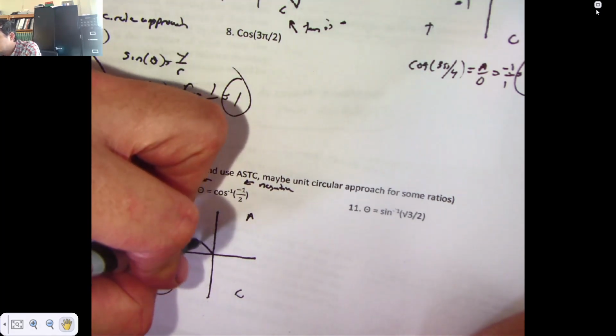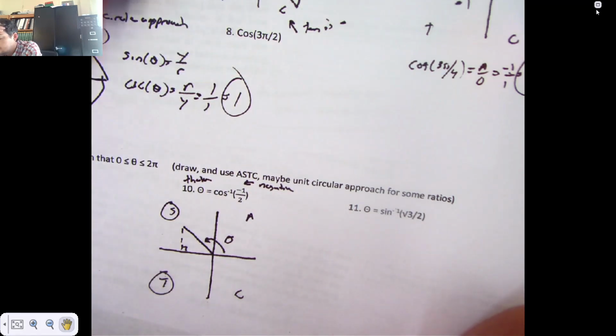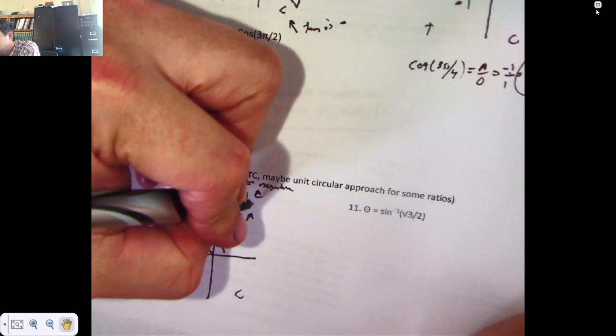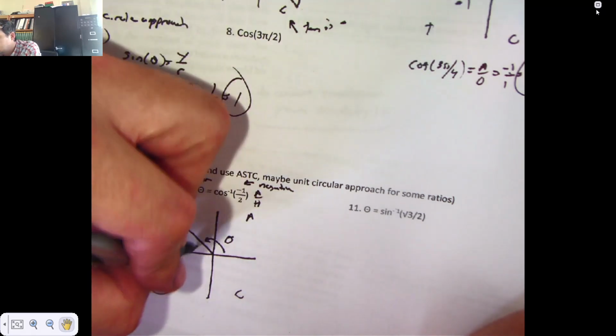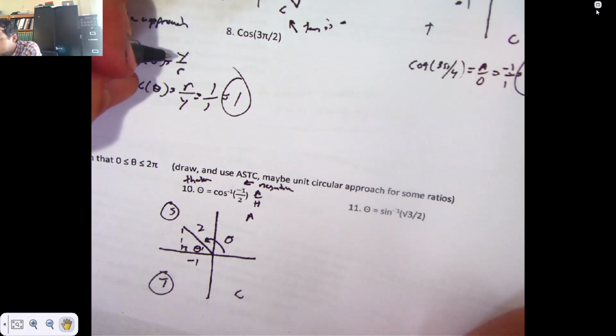So I'm going to draw a triangle in quadrant 2. It's not really there, by the way. This is the angle. This is the triangle I use. And the cosine ratio is adjacent over hypotenuse. So adjacent to theta prime is a -1, hypotenuse is 2. Does it look familiar? It should.